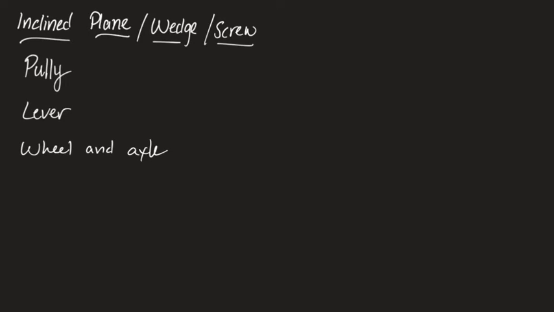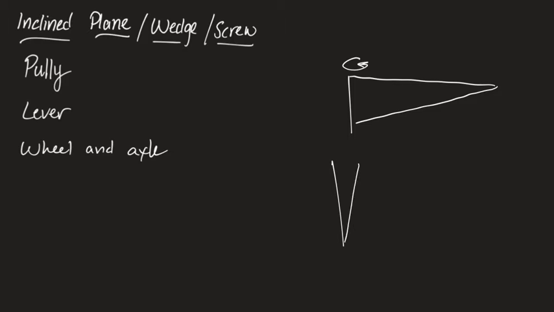Same thing here and here, although people don't tend to see that an inclined plane is a screw or how a screw exchanges force for distance. But if you take an inclined plane, which is just something that looks like that, it's a wedge. It's also an inclined plane if you set it on the ground. If you roll it up, then what you get at the end is a screw.